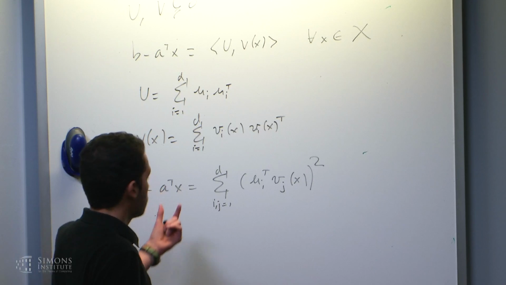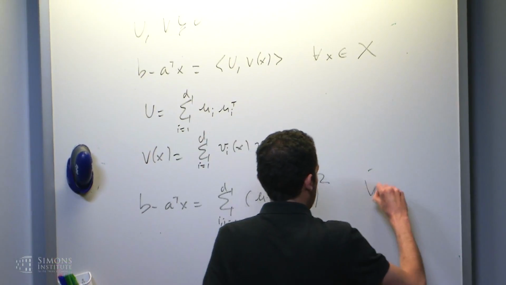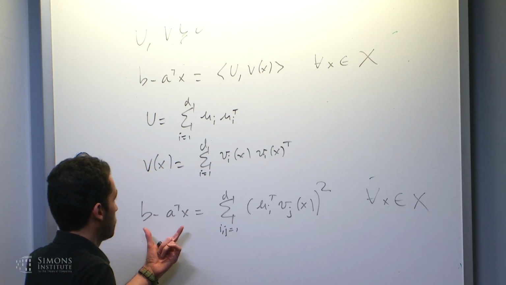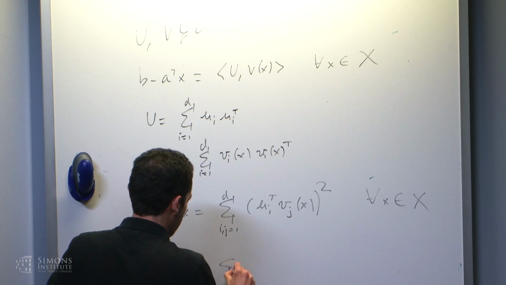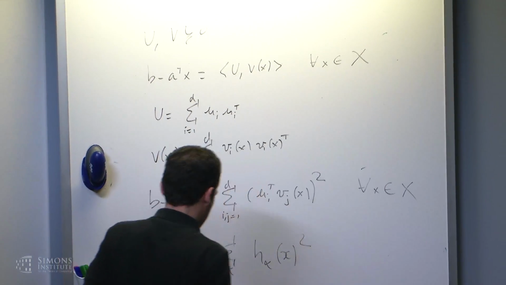I'm just going to expand this. And so what I have just done is that I've written my facet inequality as a sum of squares of certain functions. I'm going to write this as H alpha of X squared.